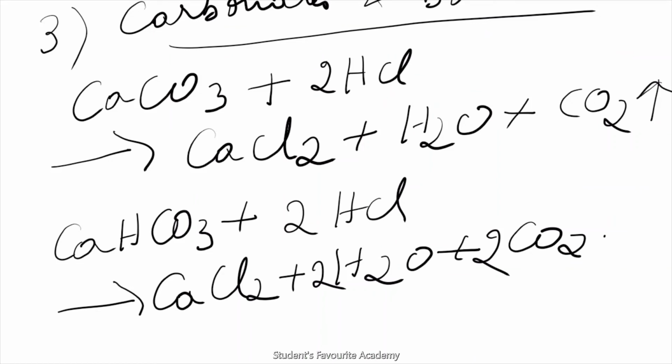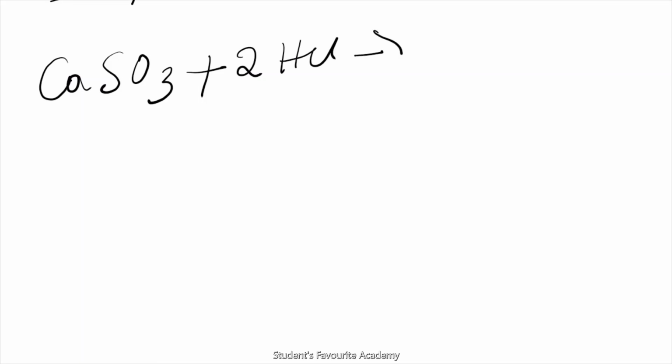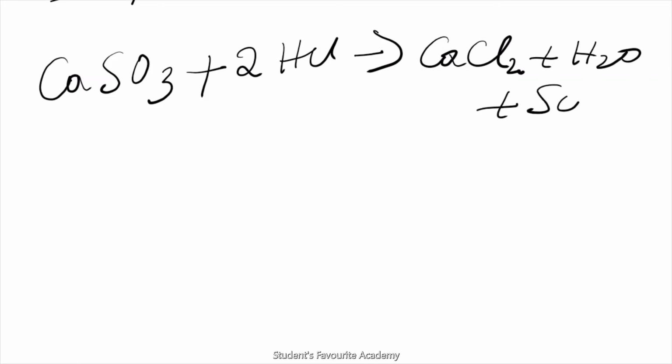Then the next property: decomposition of sulfites and bisulfites. Whenever a sulfite or bisulfite, for example CaSO3, calcium sulfite, reacts with hydrochloric acid, they form calcium chloride plus water plus sulfur dioxide.